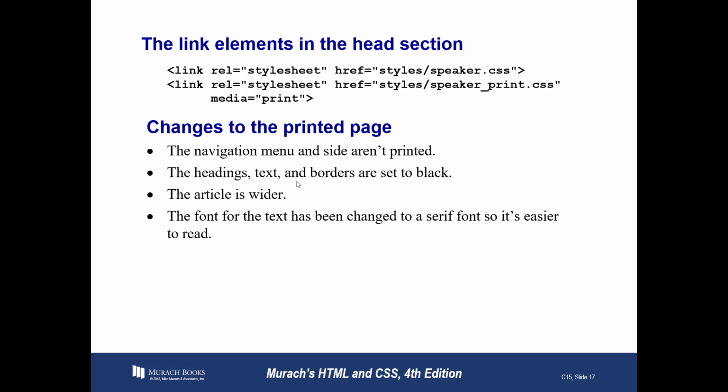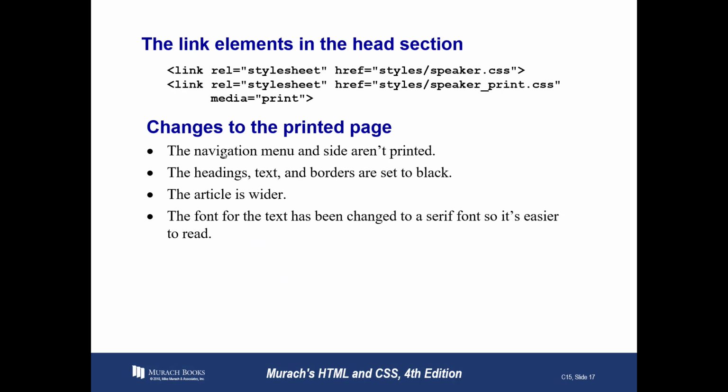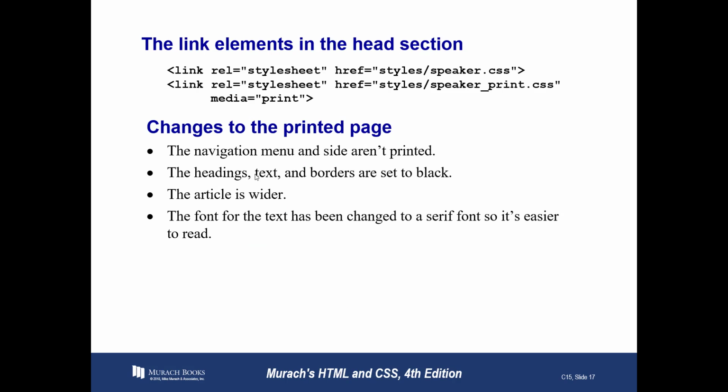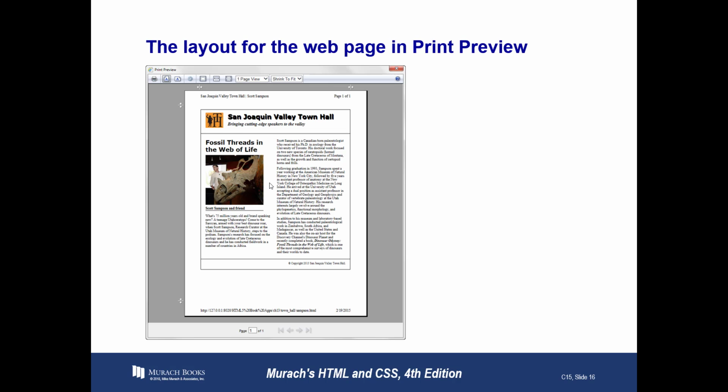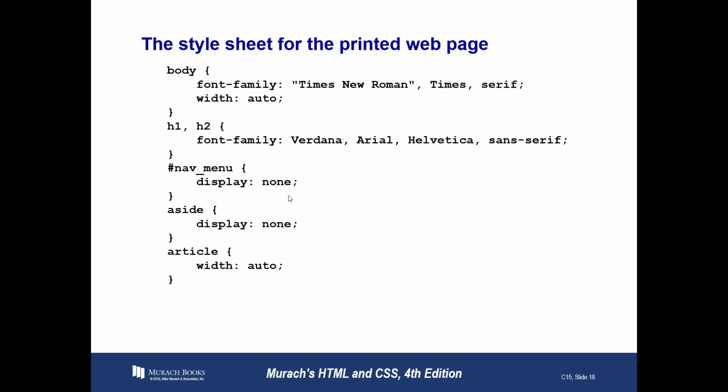Notice again, the navigation menu and the sidebar in this case are not printed. The headings, text, and borders were all set to black. The article is wider than it would be otherwise. The font for the text has been changed to a serif, so it's easier to read. So here would be the style sheet for the printed page.